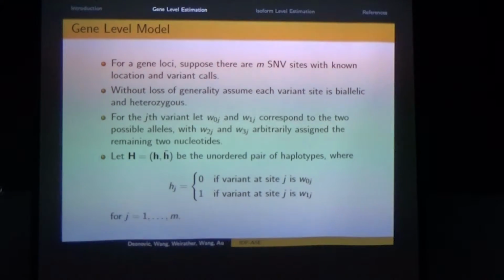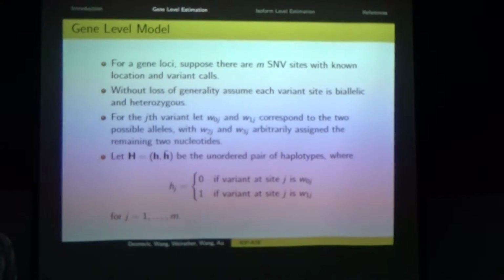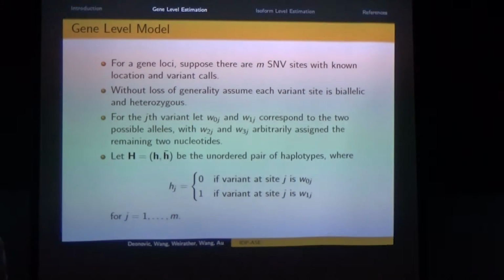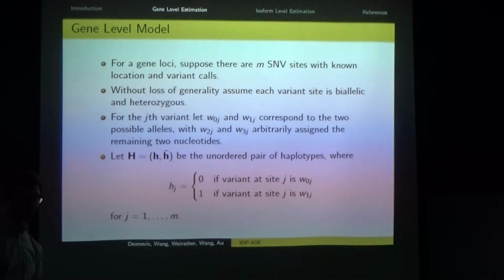These variants can come from software such as SAMtools or GATK, using RNA sequencing data only. Now suppose each variant site is biallelic and heterozygous. So at each variant, it can either be an A or T, a T or G, etc. And they're never homozygous, they're never just A or A.